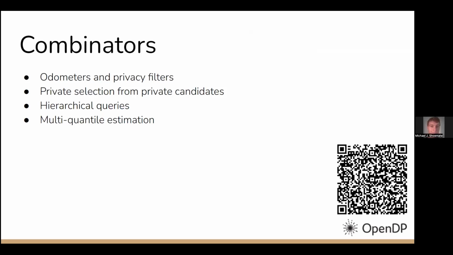But there are a lot of other projects out here you could work on. Private selection from private candidates. Shlomi Hod has been doing some great work in that area. It feels like a lot of potential use cases would benefit from hierarchical queries.